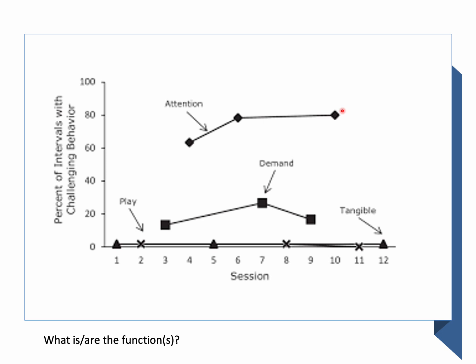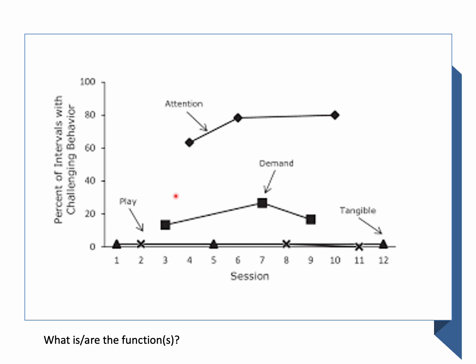So what this tells us is that attention is definitely one of the reinforcers that's maintaining this particular behavior. And then we also see that during the demand condition, the behavior was occurring. And so this tells us that there's not just one function for the particular problem behavior here.